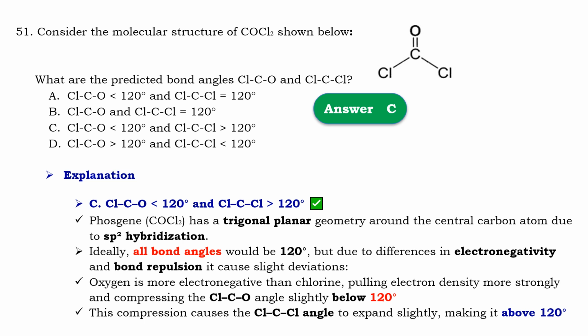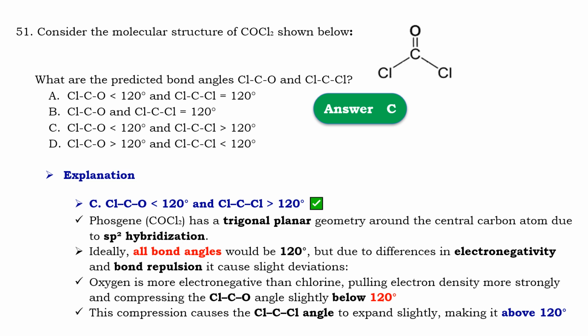Oxygen is more electronegative than chlorine, pulling electron density more strongly and compressing. The chlorine, carbon, oxygen angle is slightly below 120 degrees. And again, this compression causes the chlorine, carbon, chlorine angle to expand slightly, making it above 120 degrees, greater than chlorine, carbon, oxygen.